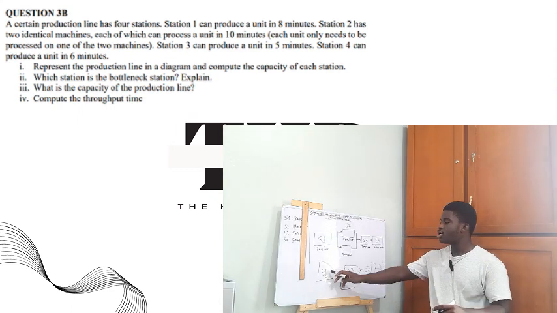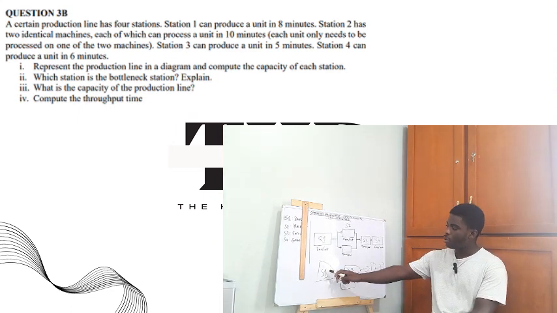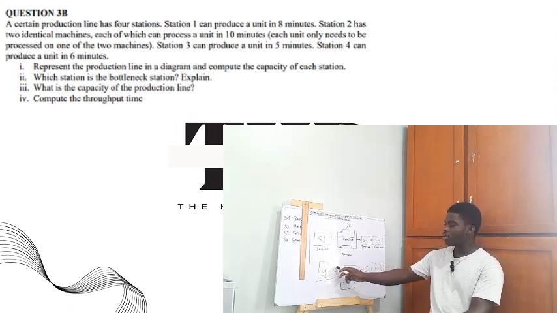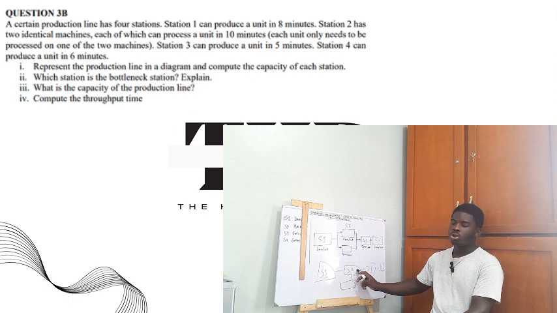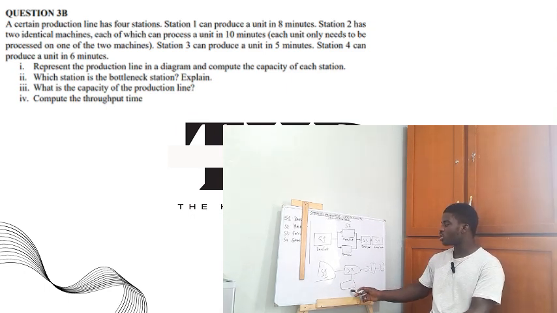You see that, station one? What I've done is, when a unit leaves here, it goes to station two. But I take this one away. No, it does not make sense.